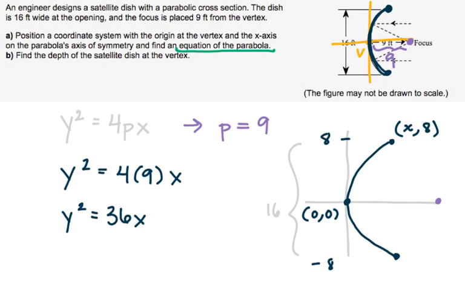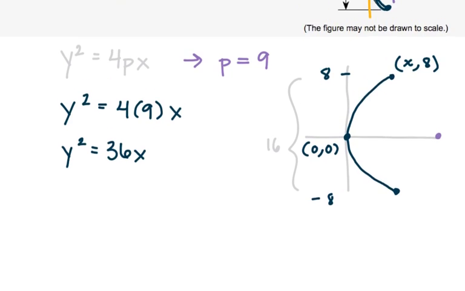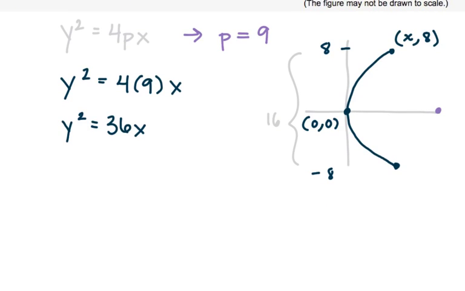Well, one thing we know is that this is 16 units wide total, which means that the y value is either positive 8 or negative 8. So all we need to do is plug either of those in, and it doesn't matter which one because when you square it, they will both turn positive, into my equation that is modeling the shape of this parabolic satellite dish.